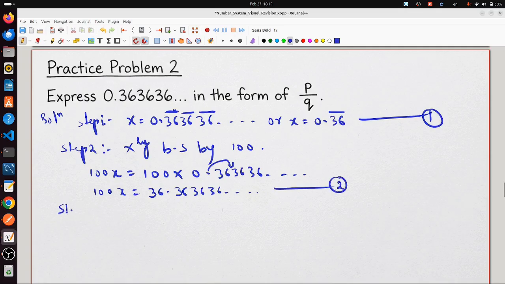Now step 3. What was step 3? Subtract equation 2 and equation 1. What will we get?